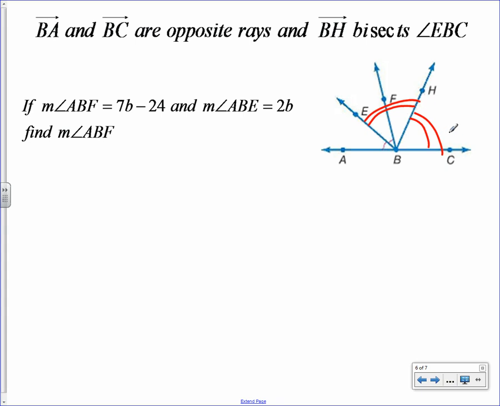Why did I give it 2 arcs instead of 1? Because there's already one there, right? Angle ABE is congruent to angle EBF just by the picture. I didn't even have to say anything. They just told me. Does that make sense? No. Well, yeah.